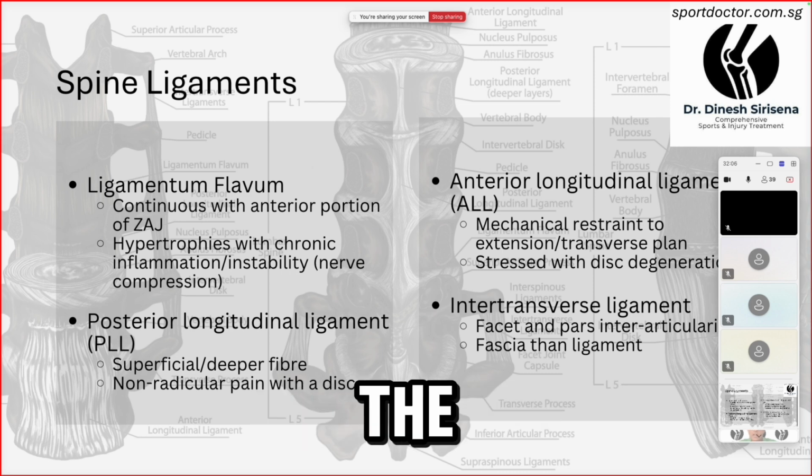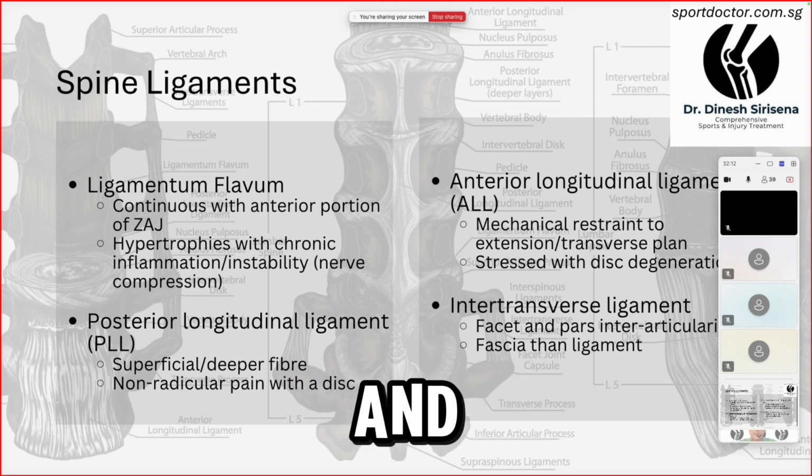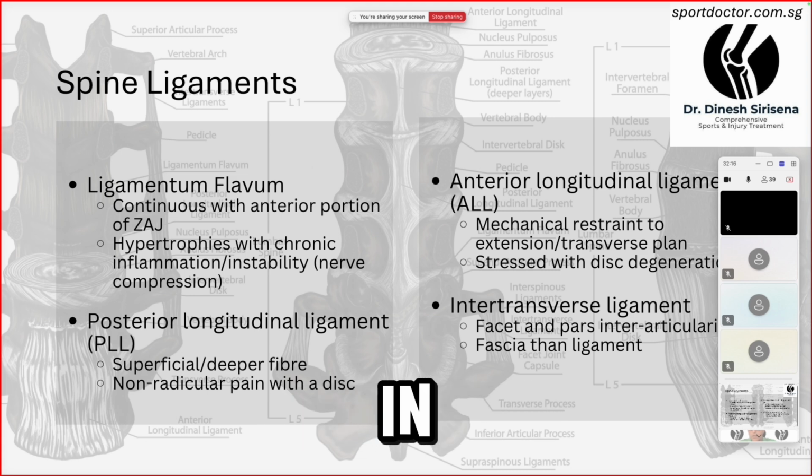You go for ligament repairs, you go for PRPs or Prolotherapies to the ligaments, and all the while there are all these ligaments in the back, and yet we aren't really considering any of them.